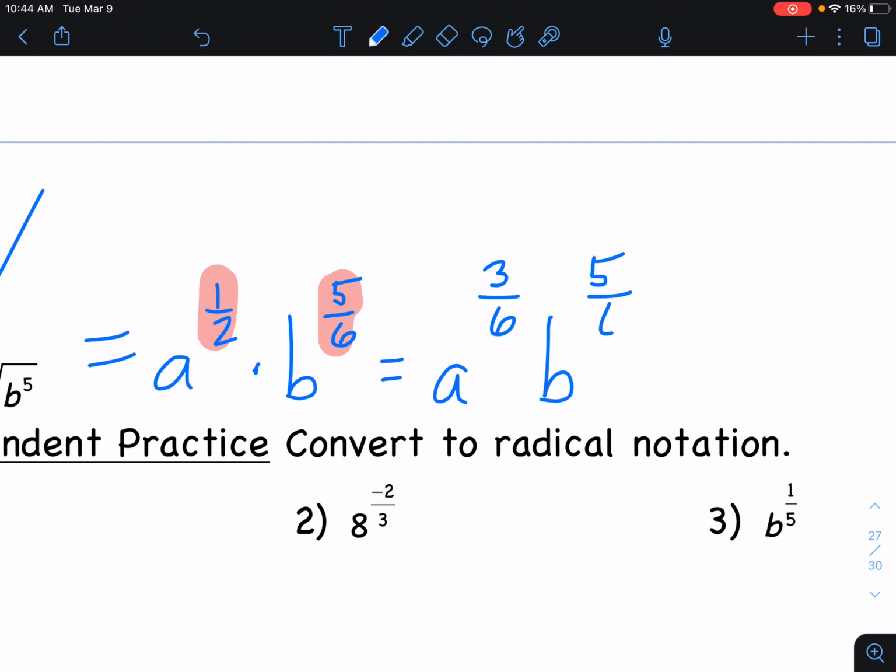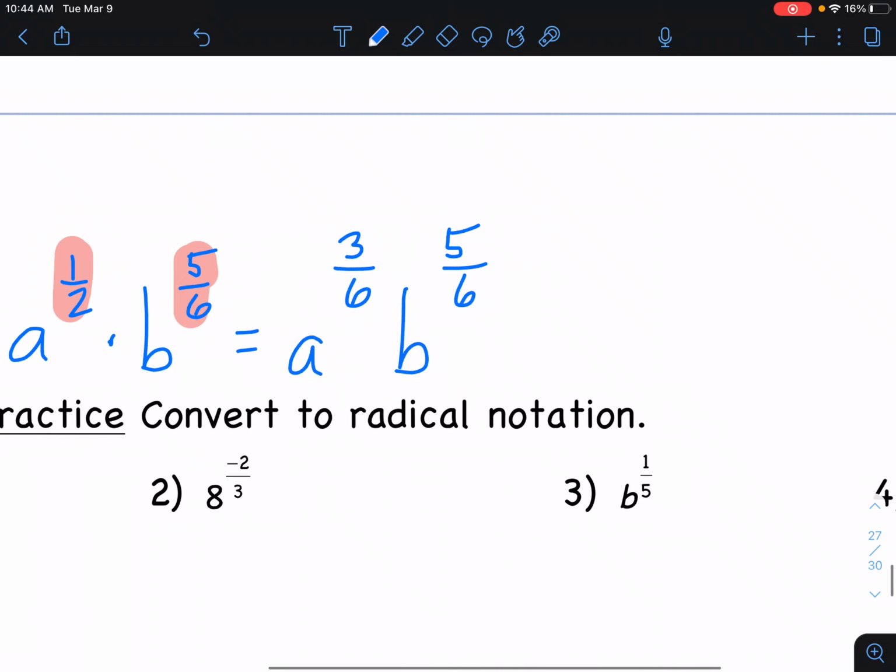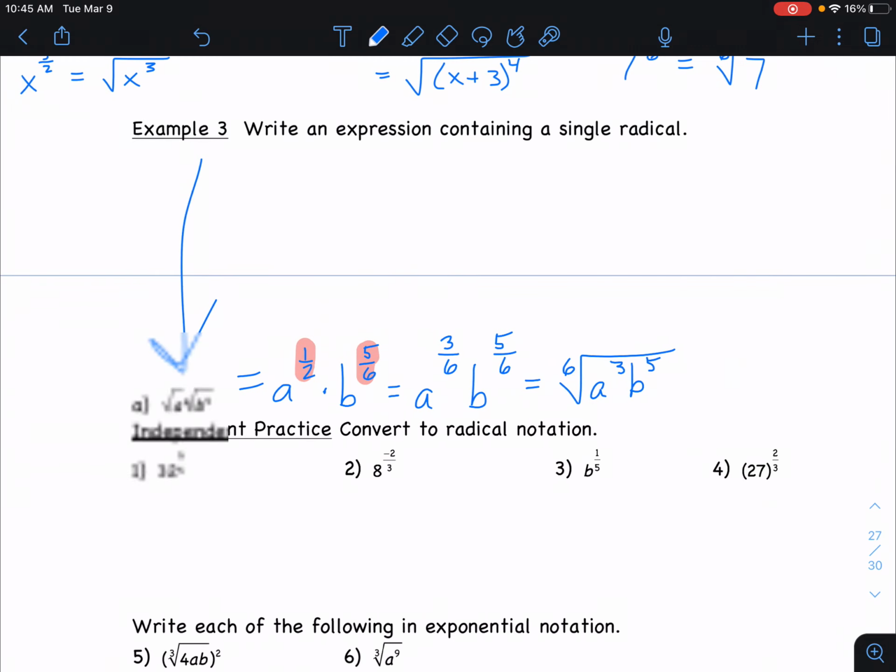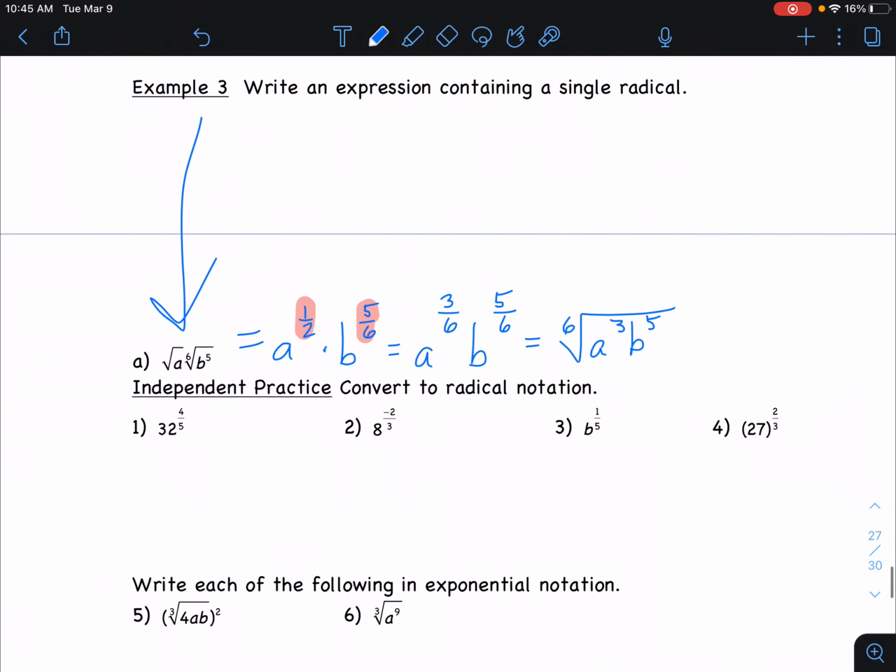That can now match with the b's denominator 5/6. So now you can put them both in a 6th root. And they would be the 6th root of a cubed b to the power of 5. So we did meet the goal at the top of the page. We wrote an expression containing a single radical.